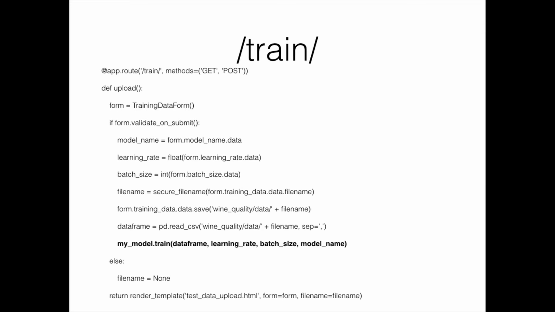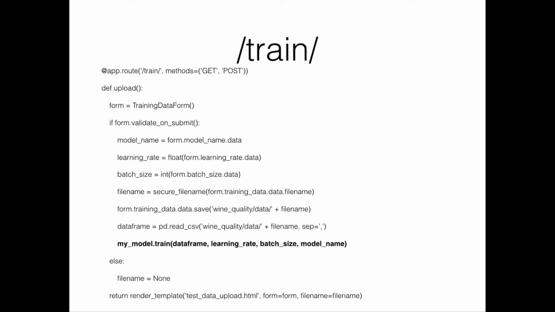And so on our train method, this is the one with a lot of the code. On the top you can see this @app.route. This is a Flask decorator, which tells Flask that when a user goes to the /train URL, with HTTP GET or POST requests, then it should call this method, the upload method.